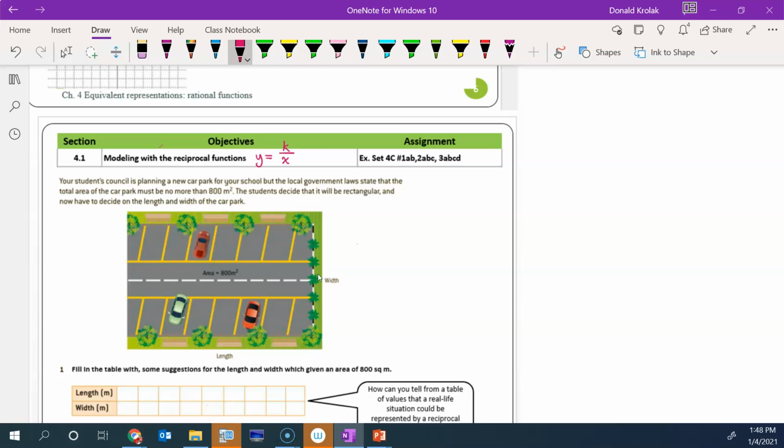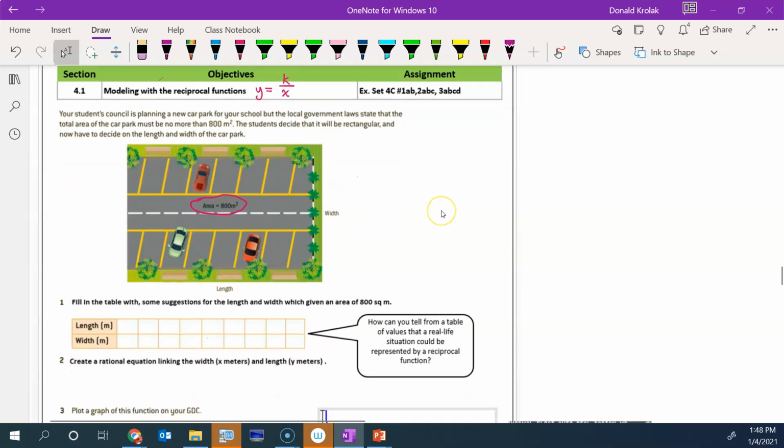All right, so what we have here is this parking lot, and we're designing it, and the area has to be 800 square feet. And the students decide that it'll be rectangular, and now we have to decide what the length and the width are going to be. Our width is going to represent the x coordinate. So up here, I'm going to put width.